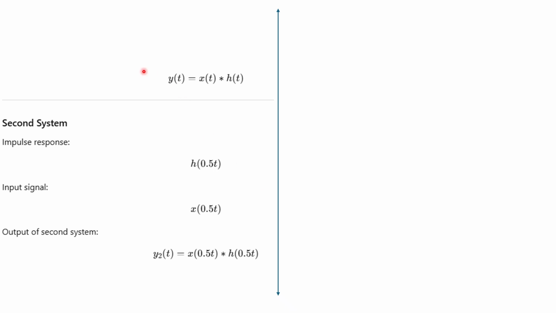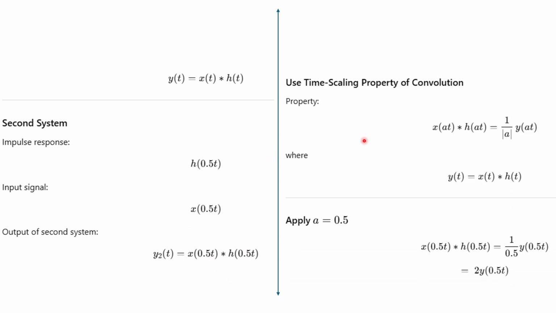Okay, let's see. First, y(t) is given by x(t) convolved with h(t), that is Y(omega) in the frequency domain, the transfer function into the input. Now for the second system, the impulse response is h(t/2), and this is our input signal. The final output will be the convolution of both h and x, so in the frequency domain we can multiply. How are we getting it? We use the time scaling property.